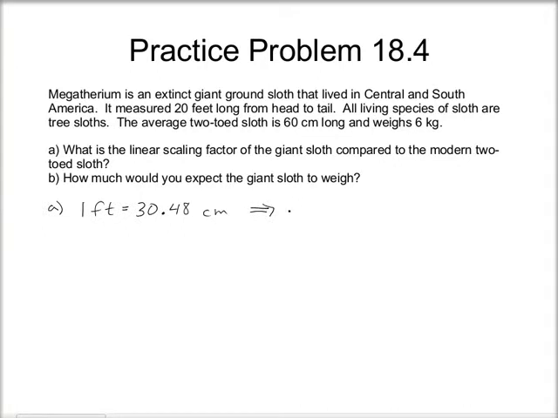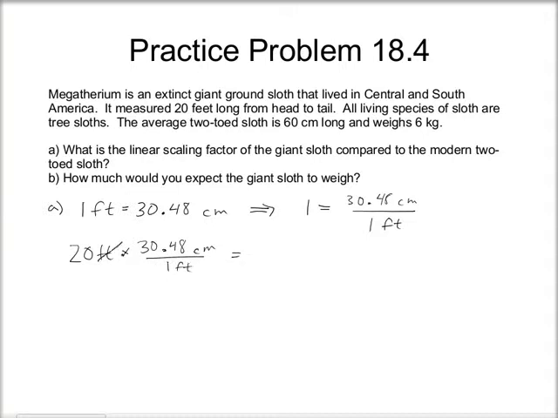So for my conversion factor, I'm going to divide both sides by 1 foot, and that's going to give me that 1 is equal to 30.48 centimeters divided by 1 foot. So to change 20 feet into centimeters, I'm going to multiply by my conversion factor, 30.48 centimeters divided by 1 foot.